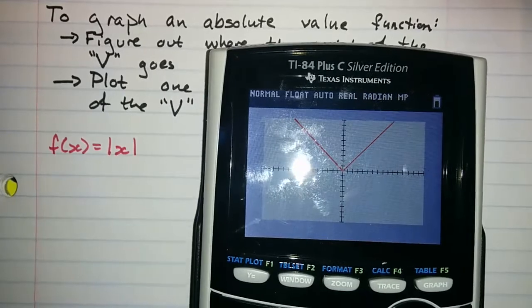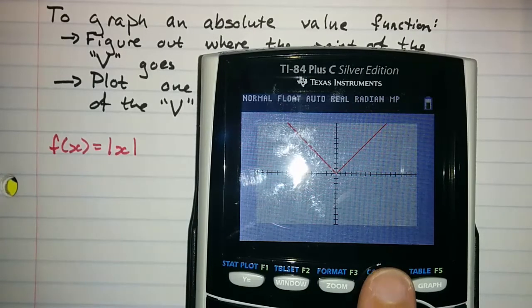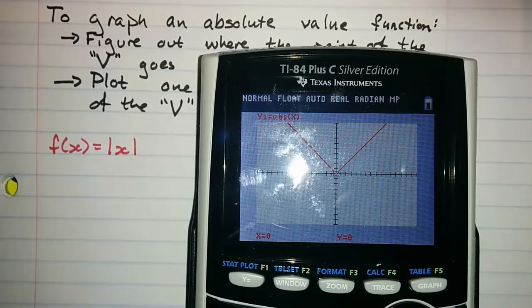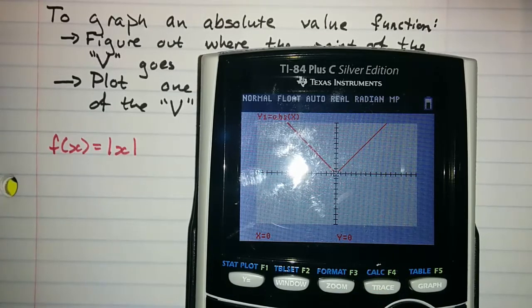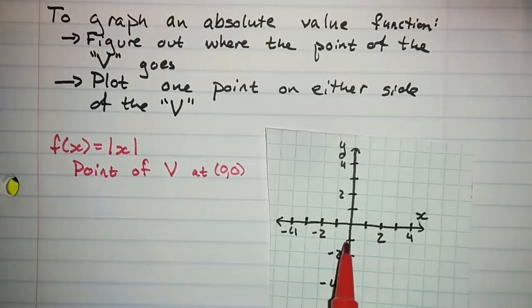And my question now for the graph of f is, where is that V? I'm going to press the trace button to get a point on my graph, and I think I already see. Yeah, that bottom point where we turn around is 0, 0. And that's actually a point on the graph, so I'm going to go ahead and plot that.